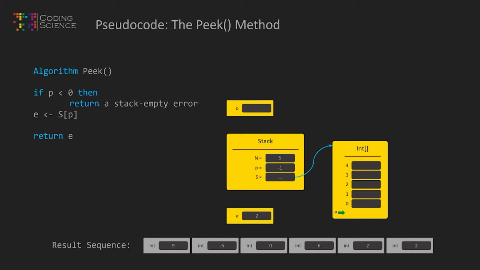So we return an error, and since we return here, this part here will not be done. It will be ignored. So now we just pop out of the method and we finish it. We do not collect any number for our sequence. But we do generate an error that needs to be handled in your program when that happens.